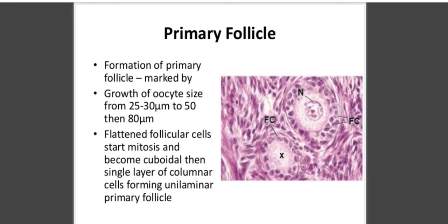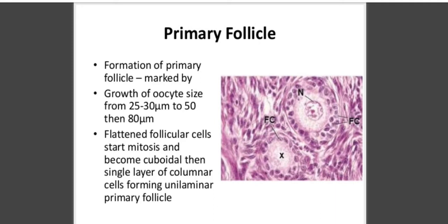Primary follicle. The formation of the primary follicle is marked by growth of the oocyte size from 25 to 30 micrometers to 50, then 80 micrometers.